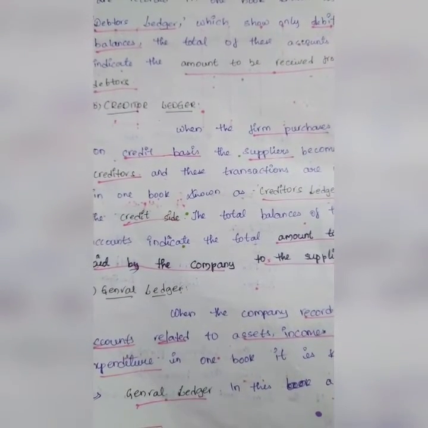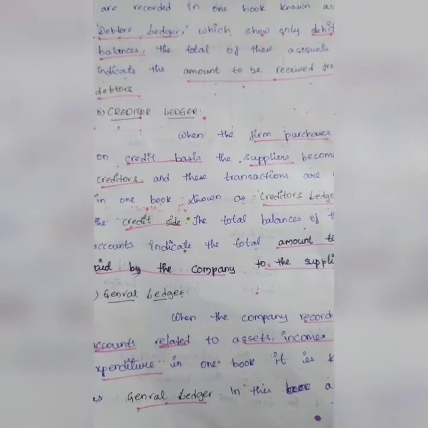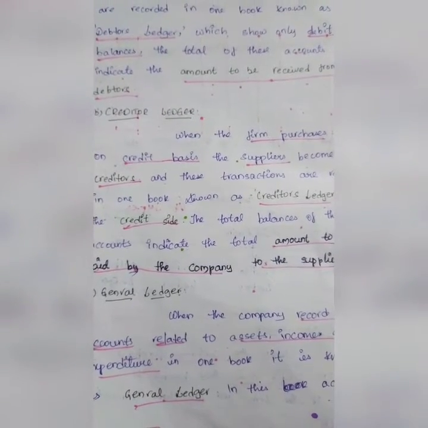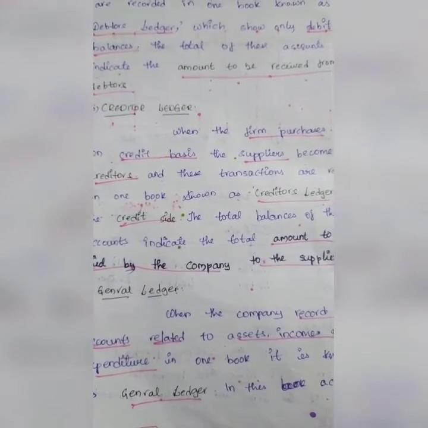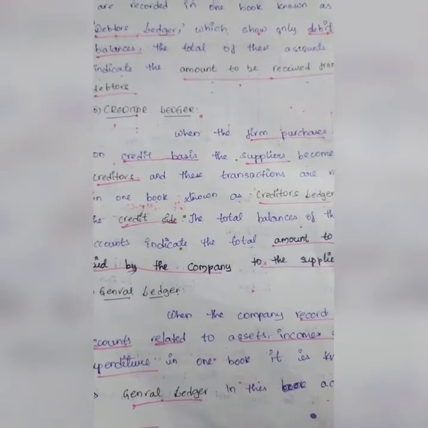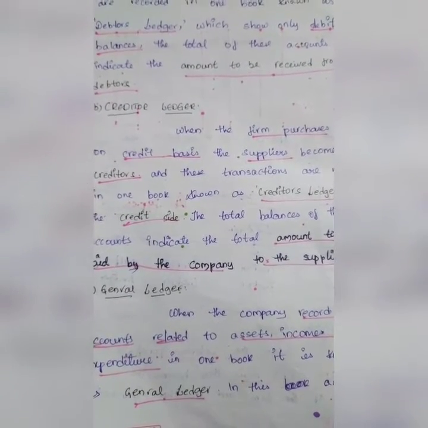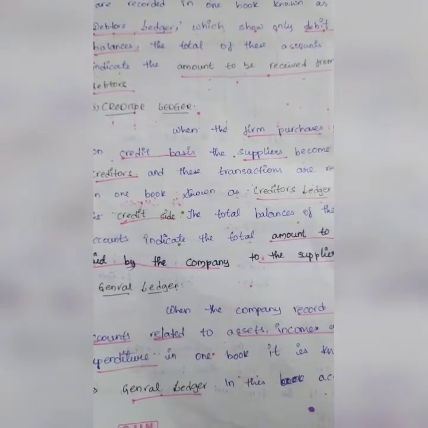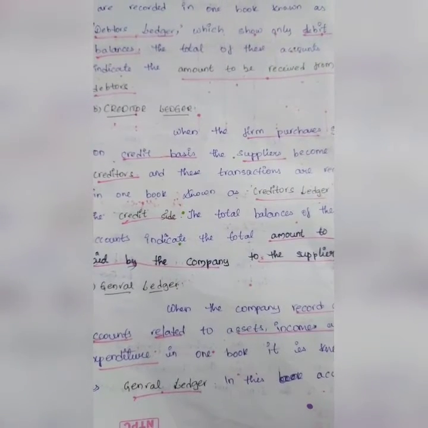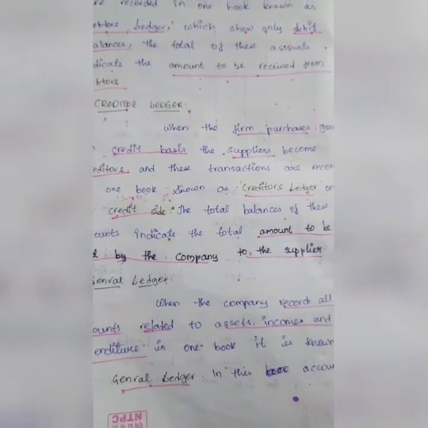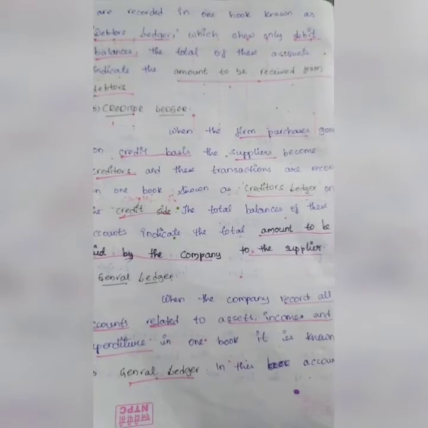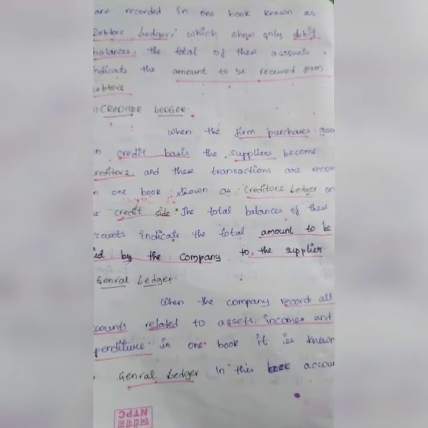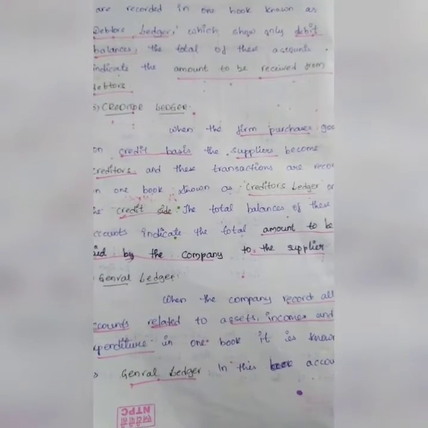In the debtors ledger, we have seen that a customer who has purchased our goods on credit basis is called a debtor. In the same way, if the company or the firm purchases goods on credit basis, the supplier becomes a creditor to the firm, and the transactions are recorded in one book known as the creditors ledger.